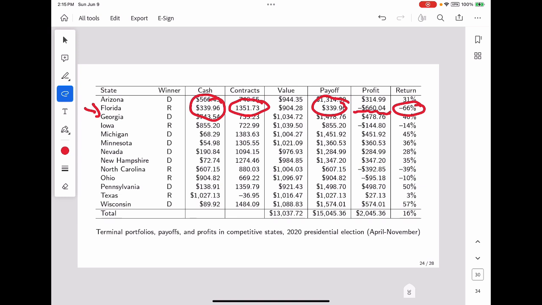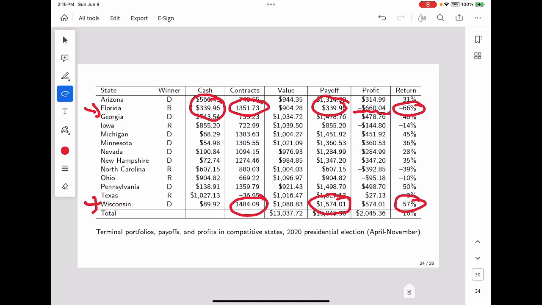If you look at Wisconsin now, you see a different picture. This was won by the Democrat, and it's one in which the bot accumulated a large number of contracts, 1,484 in this case. Each of those contracts paid off and gave the trader $1. That is then added to the cash position, so you get something close to $1,600 over here, for a total 57% return.